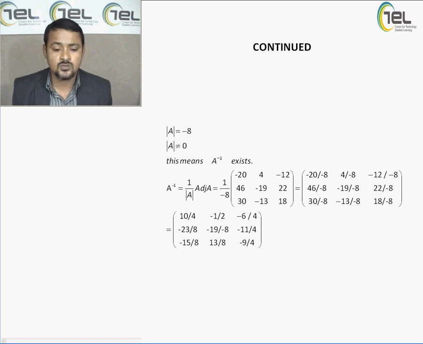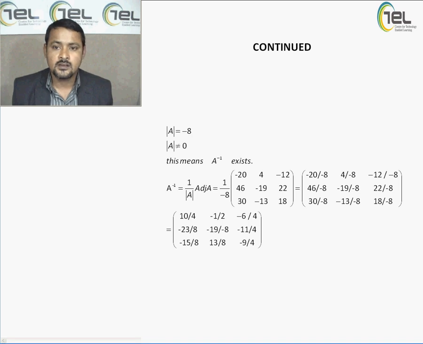We should not waste our time. If determinant A is exactly equal to 0, we are not going to calculate A inverse because it doesn't exist. We proceed only if determinant A is not equal to 0, which means it should be non-zero.